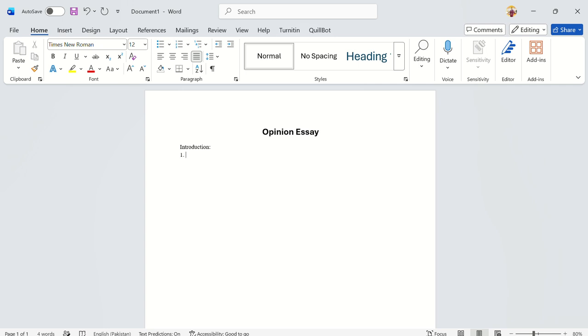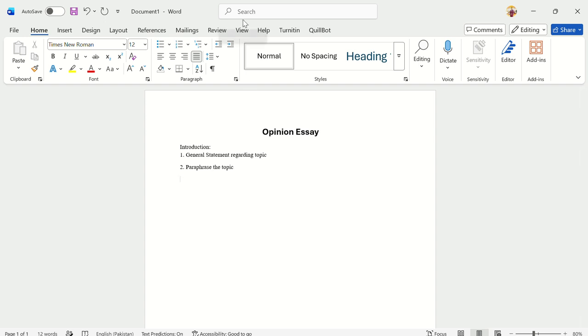As far as the first statement is concerned, you have to write the general statement regarding the topic, right? The second sentence, you have to paraphrase the topic which is mentioned in the question.